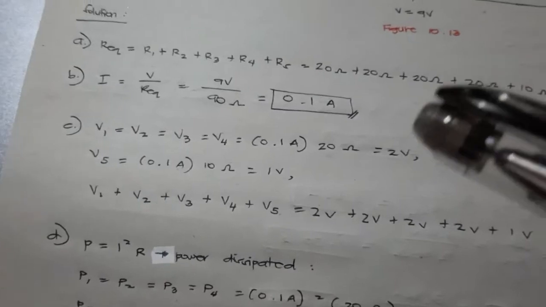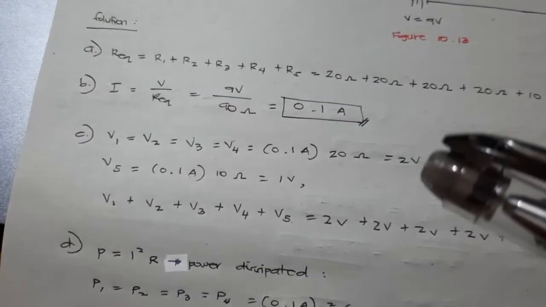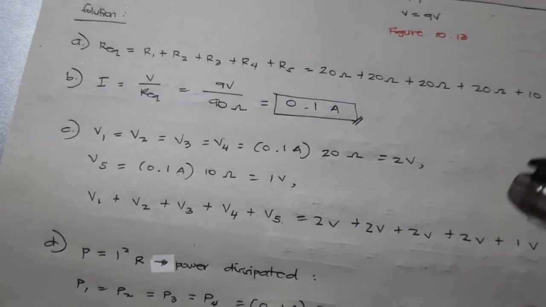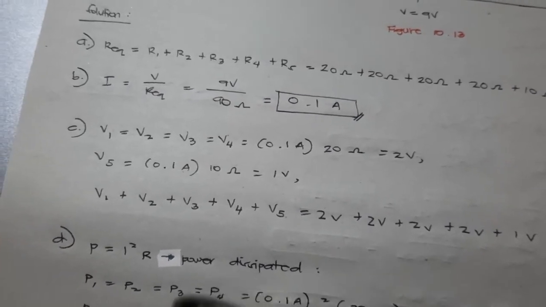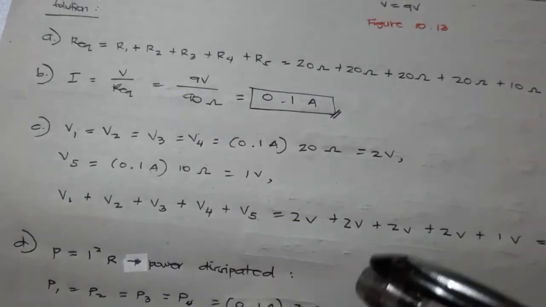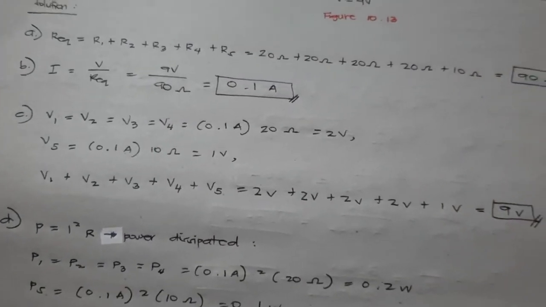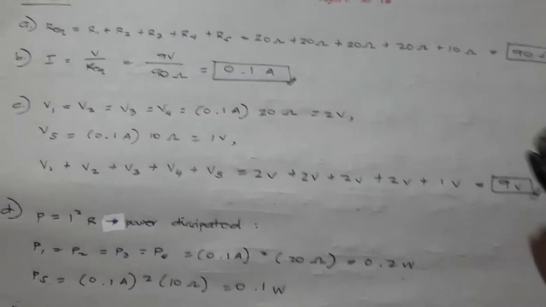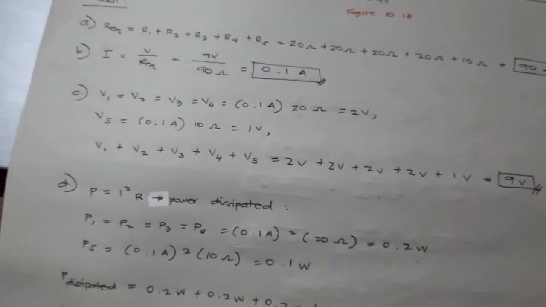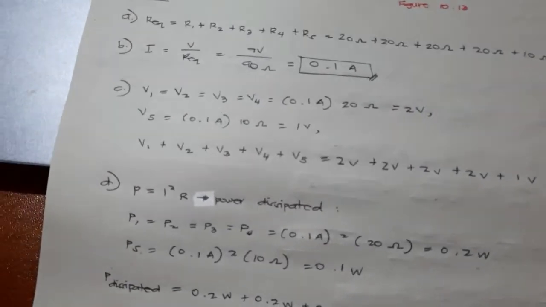Then ang V5 is equals to 0.1 ampere times 10 ohms equals 1V. Then V1 plus V2 plus V3 plus V4 plus V5 equals to 2V plus 2V plus 2V plus 2V plus 1V, which equals to 9V.